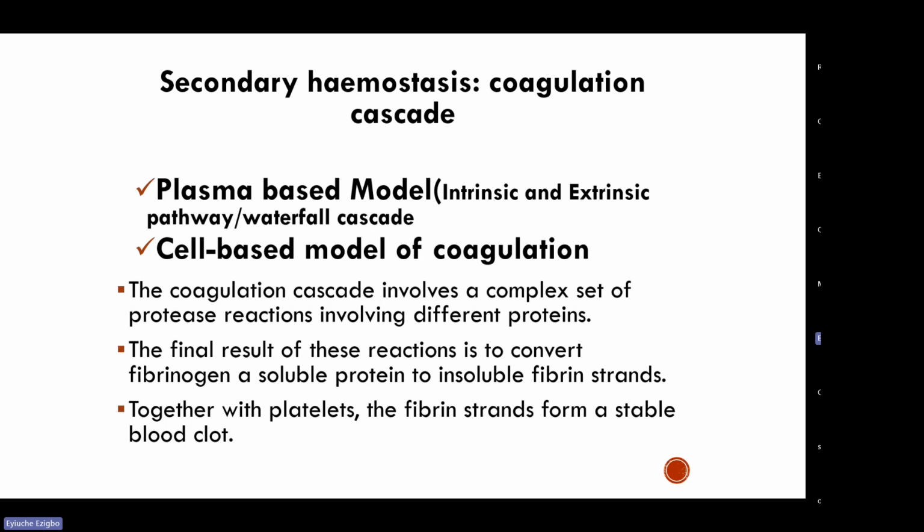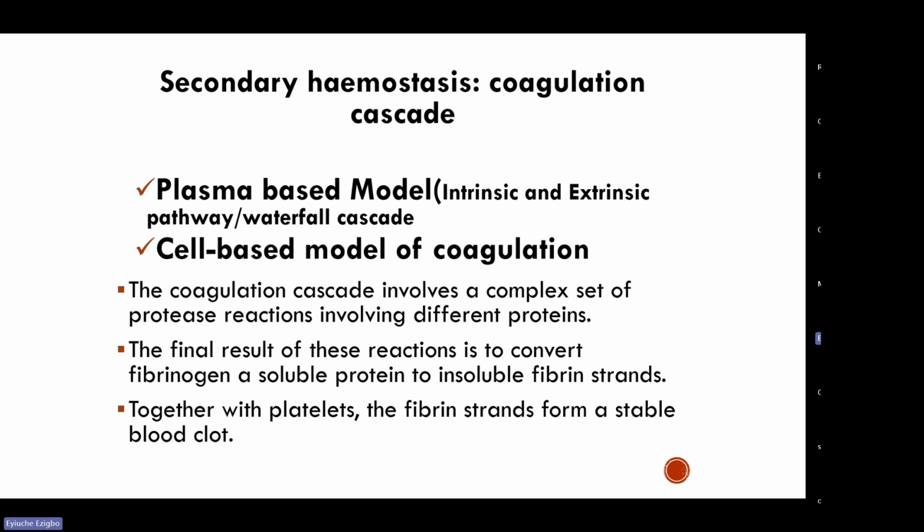That is using the plasma-based model, or the intrinsic extrinsic pathway, or the waterfall cascade. These terms still describe the plasma-based model. They are so named in the sense that they assume that when an enzyme is activated, it in turn activates the other, hence the cascade.